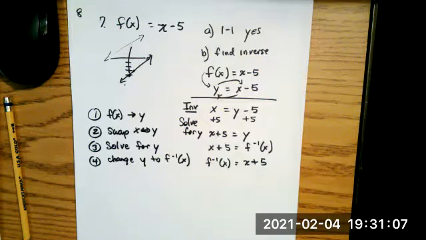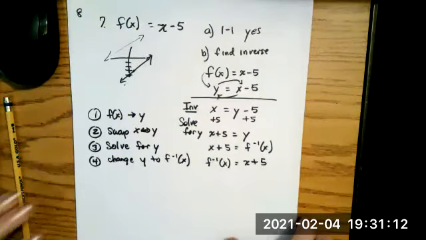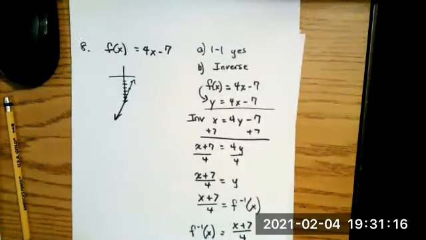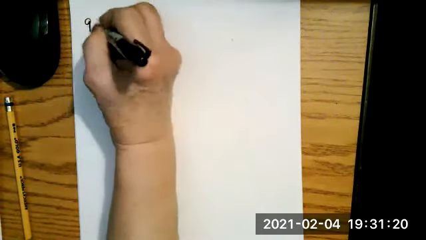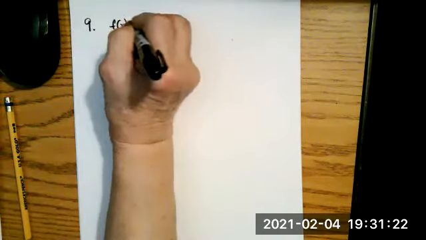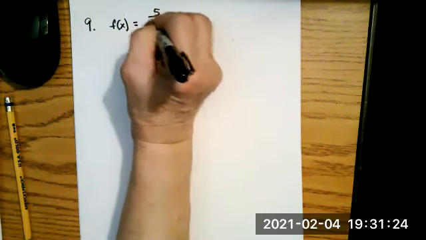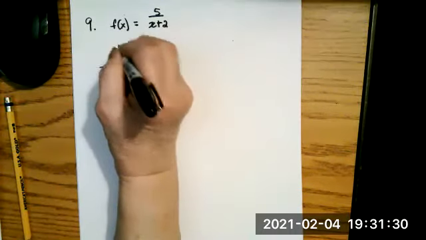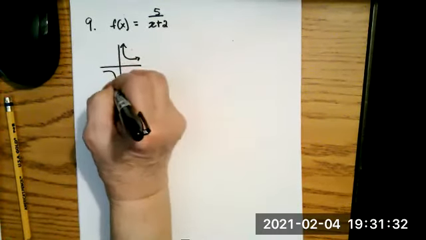Does that help? Yes. Okay, let's do a harder one. Let's do number 9. Number 9 is going to be a problem that looks just like this for you. Notice this is a rational function, but this isn't like that other rational function we had.